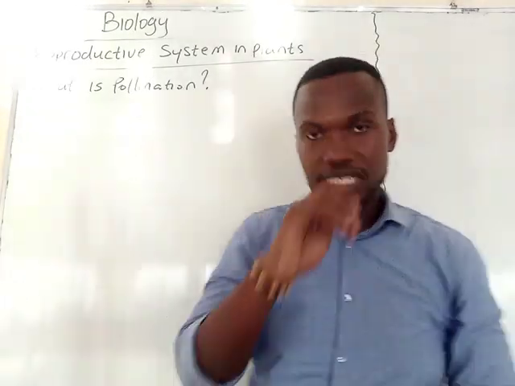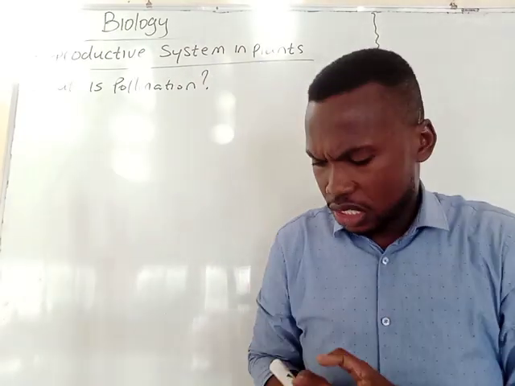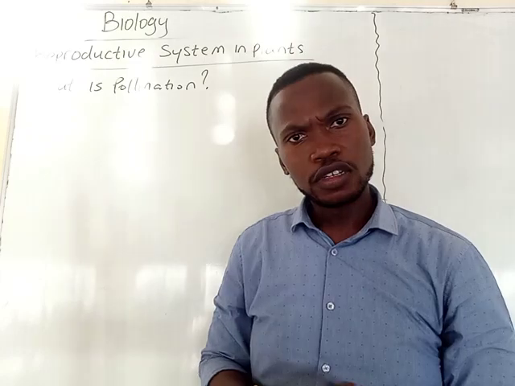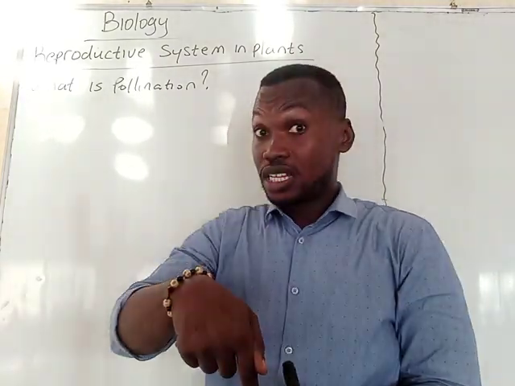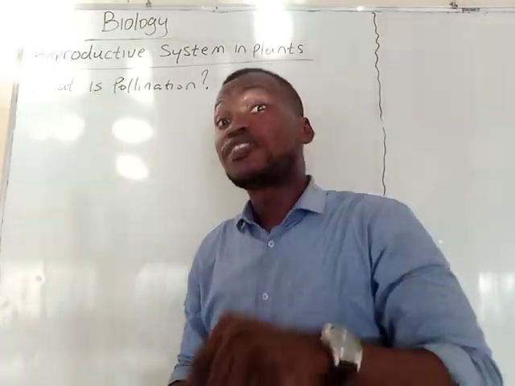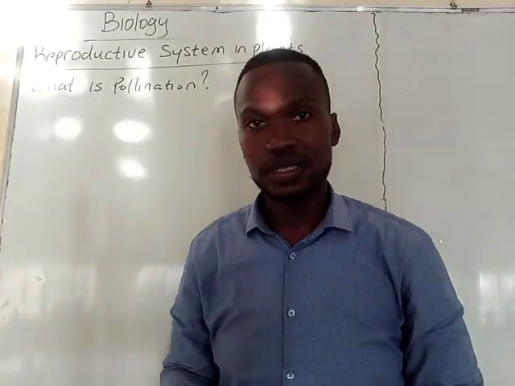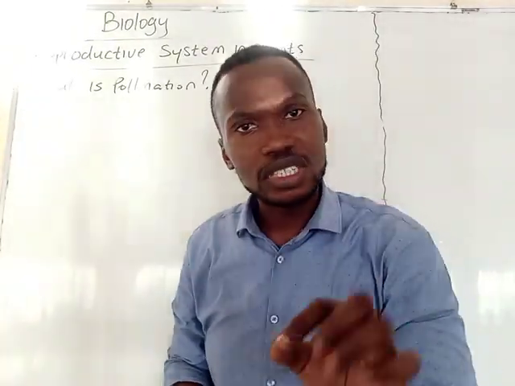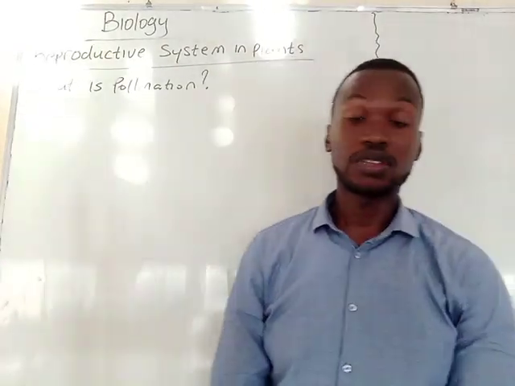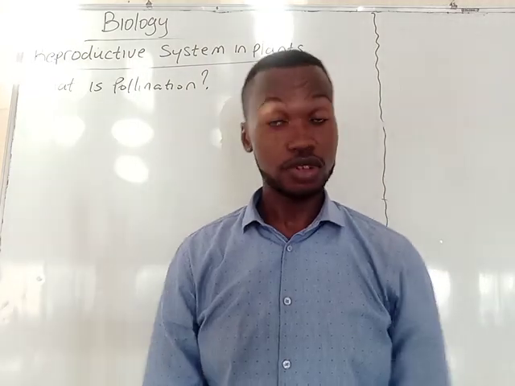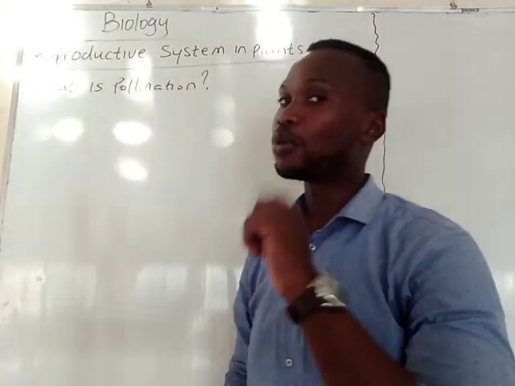Let me say it again. Pollination is the transfer of matured pollen grain from the anther of the flower to the stigma of the same flower or another flower but the same species, which leads to what? Fertilization. So like I said, fertilization is the aftermath of pollination.